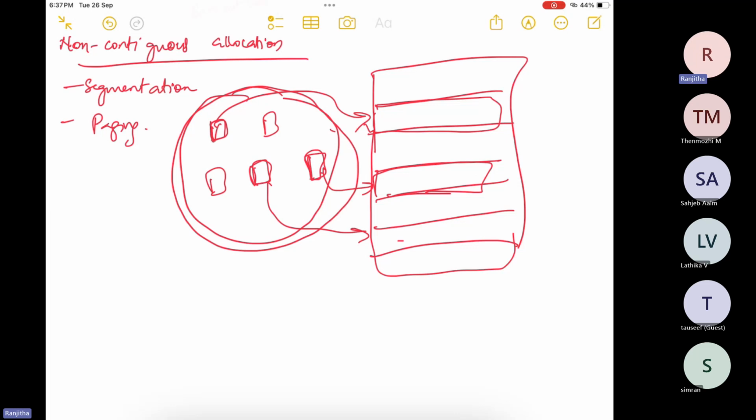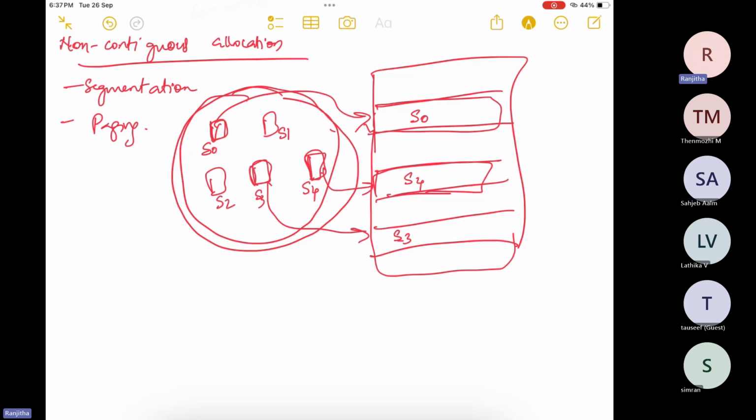Okay, that is taken care of using hardware support. If we give some numbers, segment 0, segment 1, segment 2, segment 3, segment 4, segment 0 is there, right? Then this is where segment 3 is kept, and this is where segment 4 is kept.